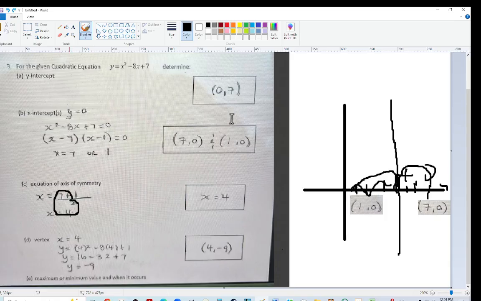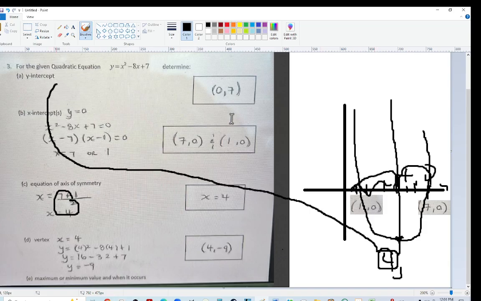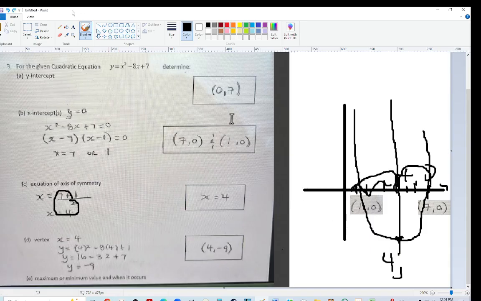Once he has that 4, the axis of symmetry will also always fall on the vertex. Therefore, he knows that the x value for the vertex is 4. So he simply plugs the 4 back into this equation, or this equation. In this case, he does the original equation up here.